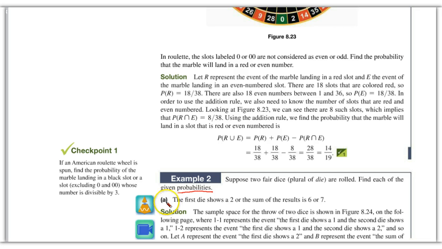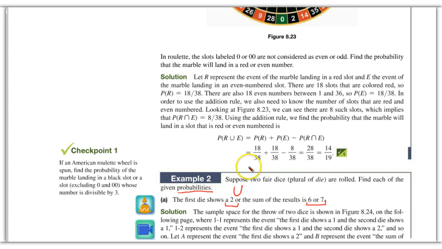So we'll do letter A first. The first die shows a 2, or, so this will be union, the sum of the results is either 6 or 7.